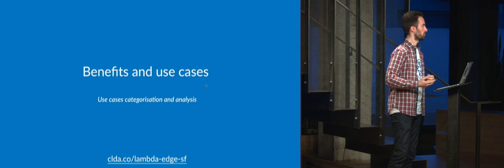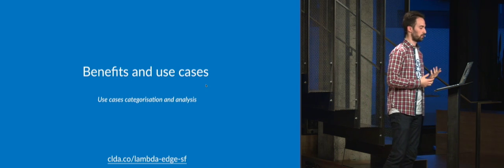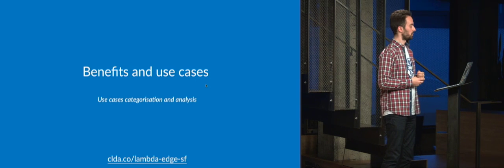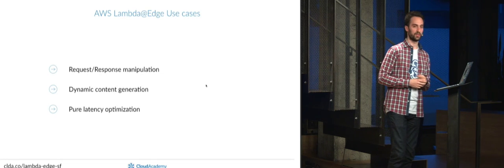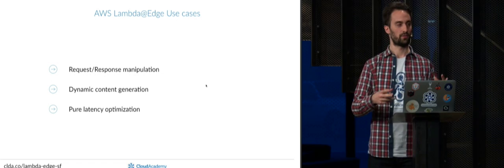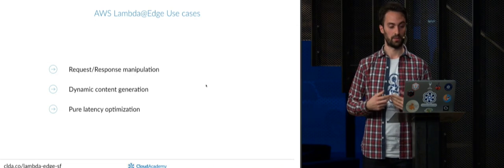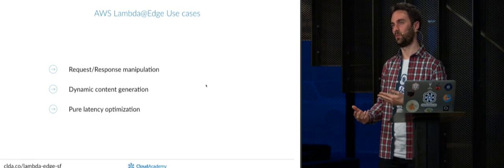So the second section of my presentation is about what the real use cases are, what we could do. So I made up 3 categories. You will not find these on Amazon. I just found a way to organize the use cases because I think it's useful to understand why, what, and when not.